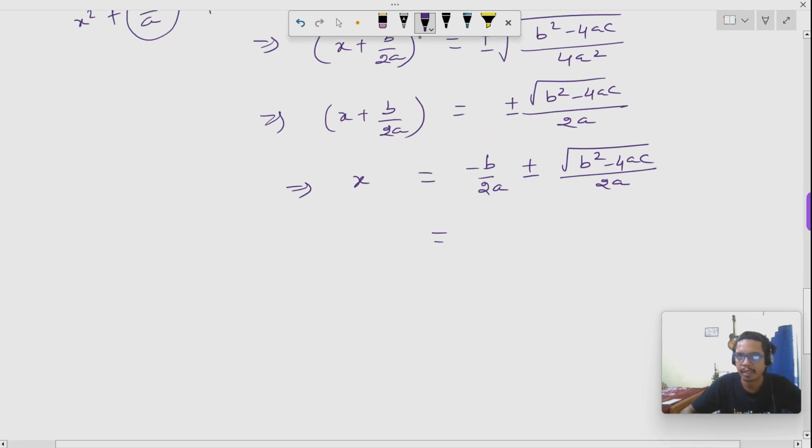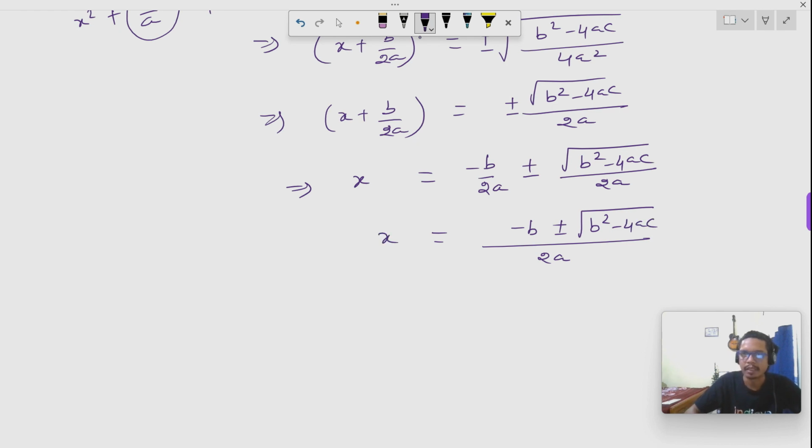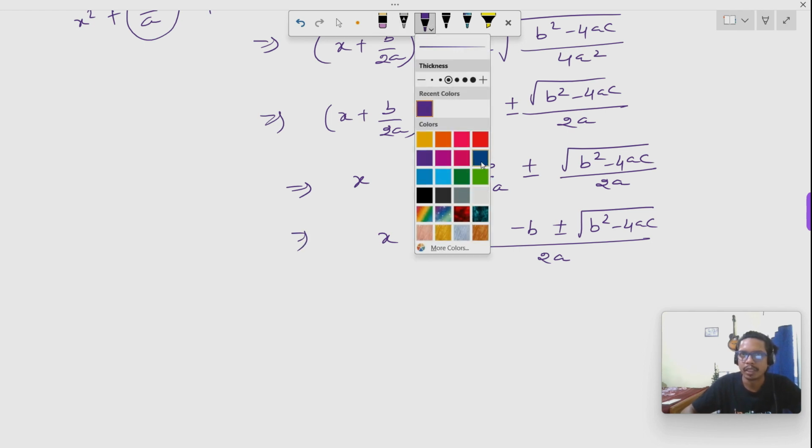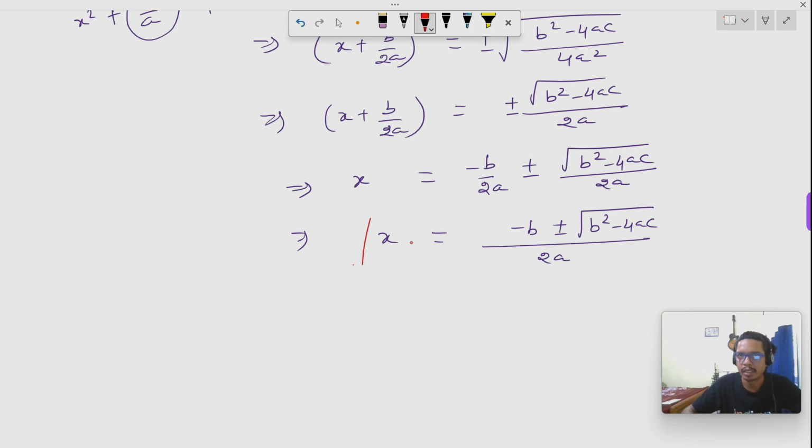So this is your quadratic formula that we generally use in order to solve the quadratic equation.